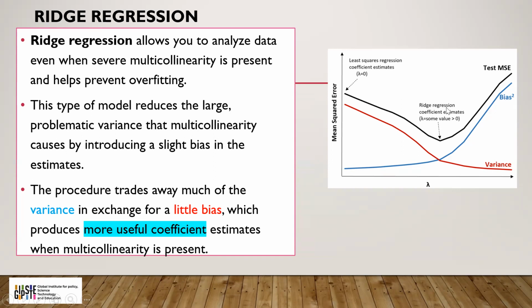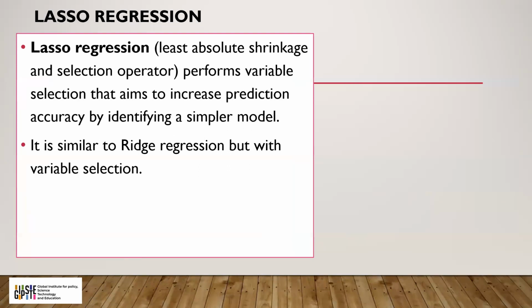The ridge regression coefficient estimates shrink toward values that are always greater than 0, which produces more useful coefficient estimates when multicollinearity is present. So when you observe some presence of multicollinearity in your data, it's a good idea to use ridge regression.